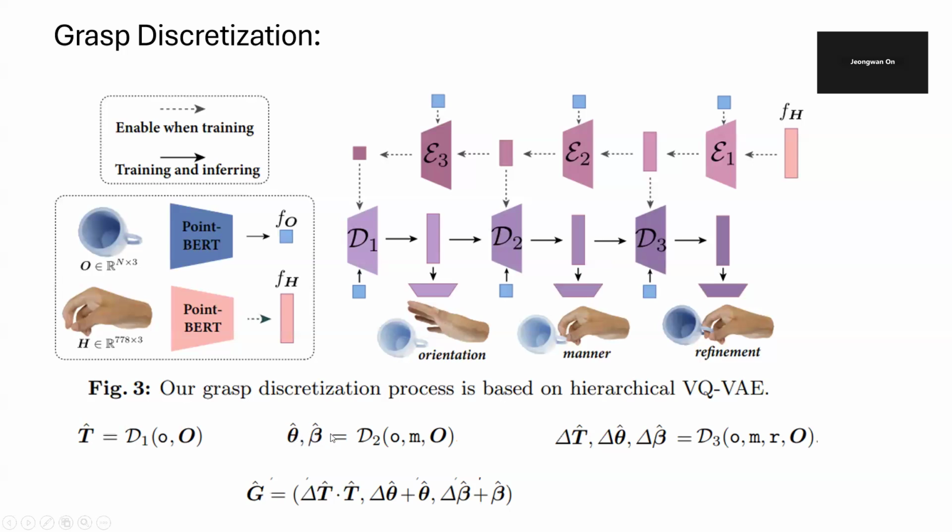Theta and beta are outputted by the second decoder, which takes in additionally the manner token, and outputs changes in T, theta, and beta for refinement purposes, from the last decoder. And finally, once all these quantities are there, the changes and the predicted T, theta, and beta, the grasps can now be generated using MANO.